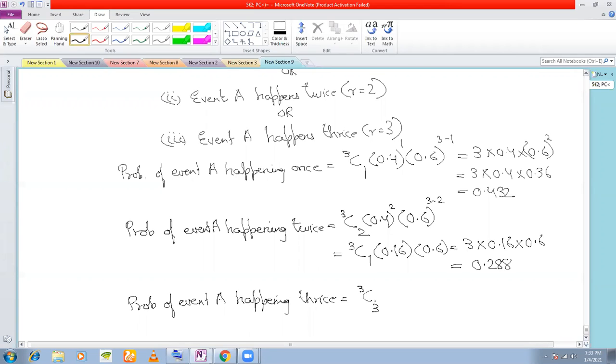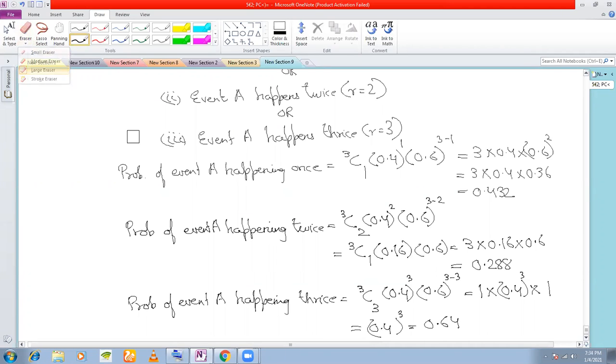So 3C3 into 0.4 to the power of 3 into 0.6 to the power of 3 minus 3. 3C3 is 1 into 0.4 cube, and 0.6 to the power of 0 is 1. So this is simply 0.4 cube, which is 0.64. I am wrong, it is 0.064, not 0.64.